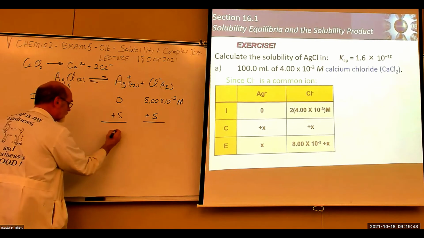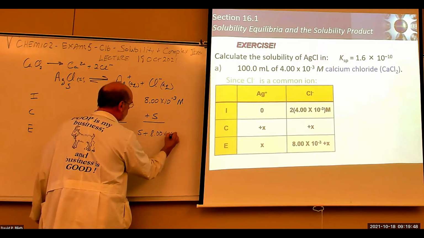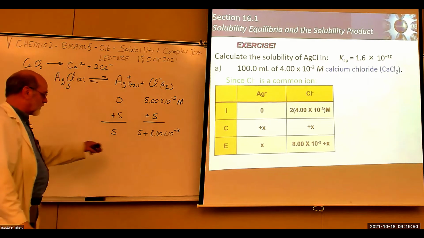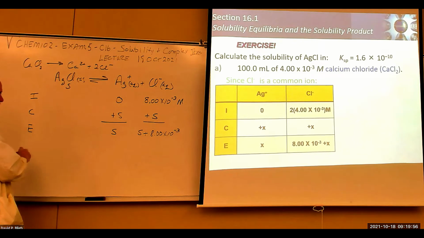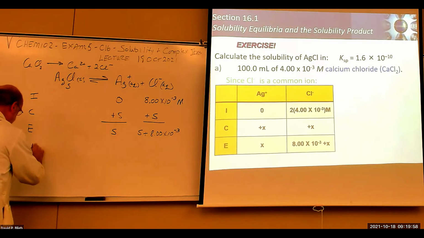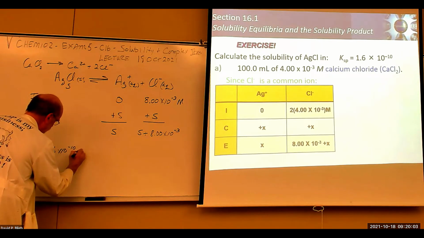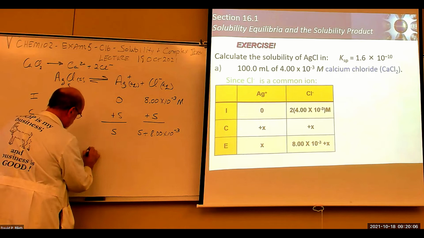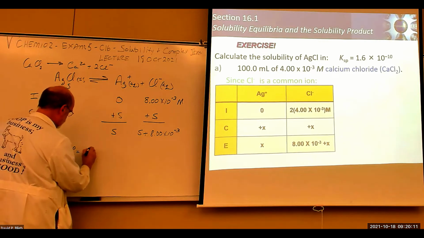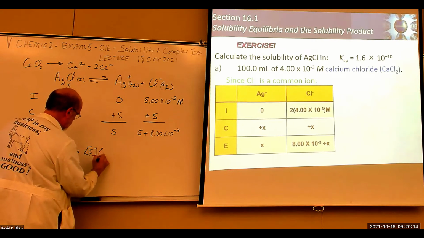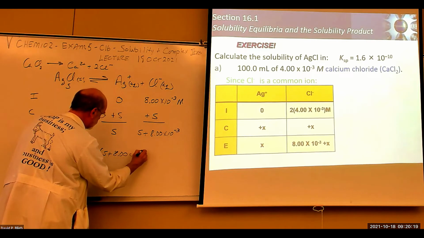So now we get S and S plus 8 times 10 to the minus third. These are our equilibrium terms that go into the expression of KSP equals 1.6 times 10 to the minus 10. That's equal to S at equilibrium, let's be consistent here, S times S plus 8.00 times 10 to the minus third.